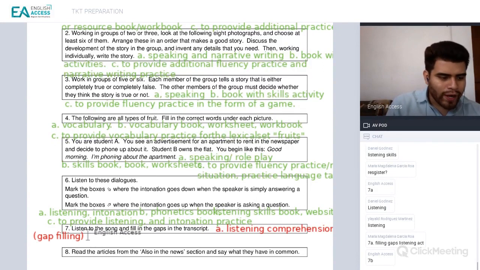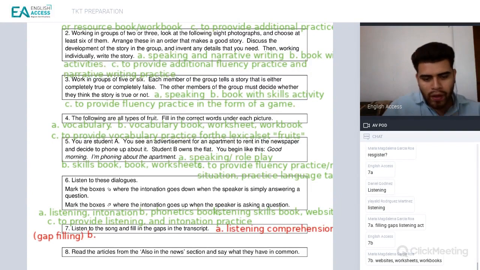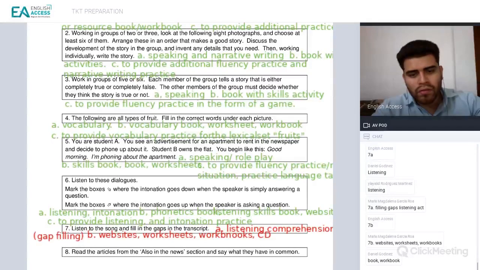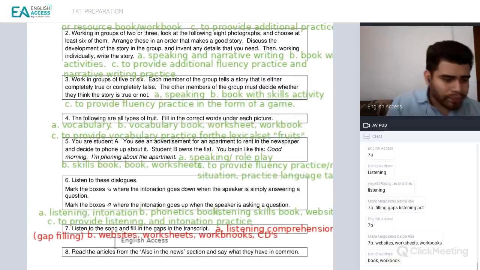Where is this from? Where can I find this? Okay. Websites, worksheets, workbooks, CDs, maybe. Okay. And C, what is the reason of using this?